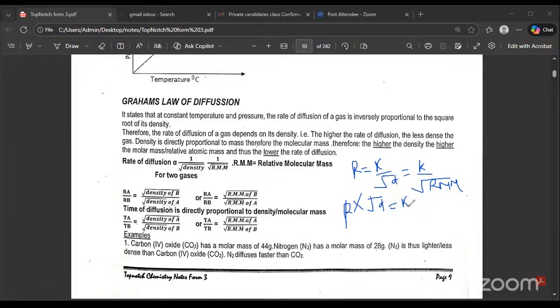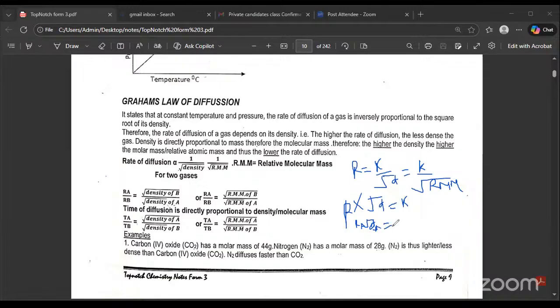Now, if we have two gases, for example A and B, it will be RA multiplied by the square root of the density of gas A. For RMM we just replace it because they are directly proportional.